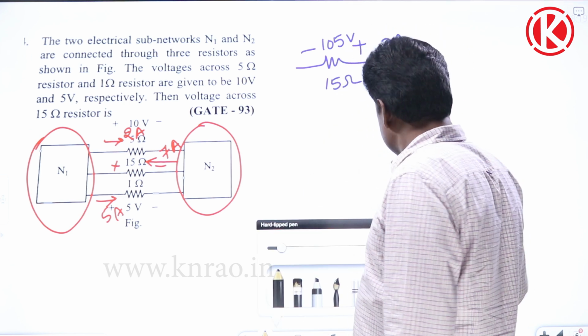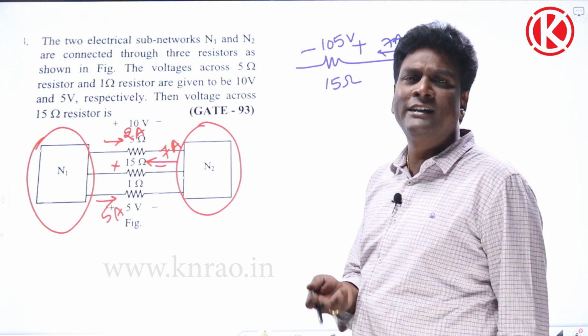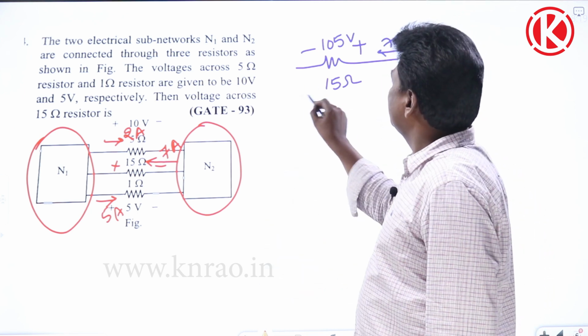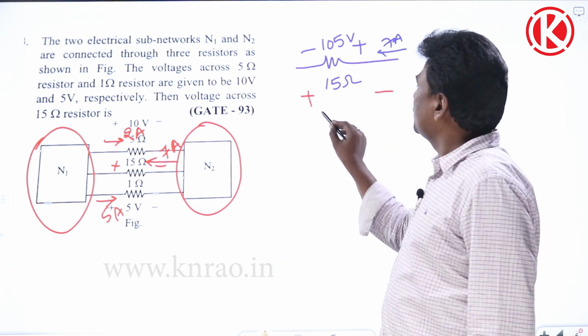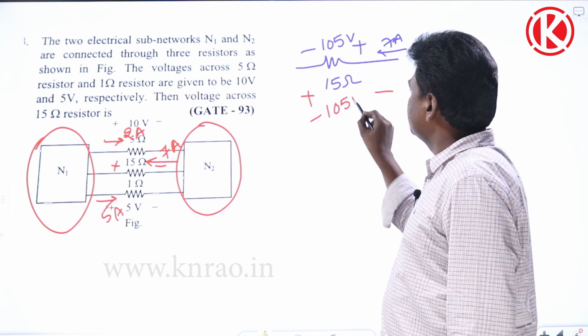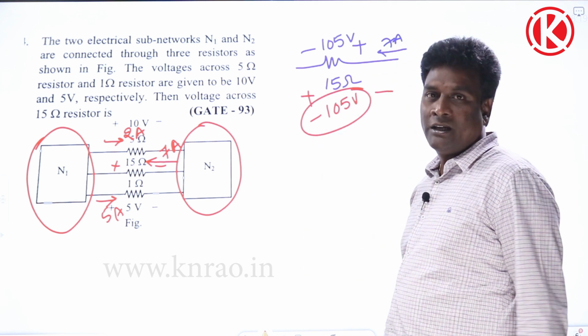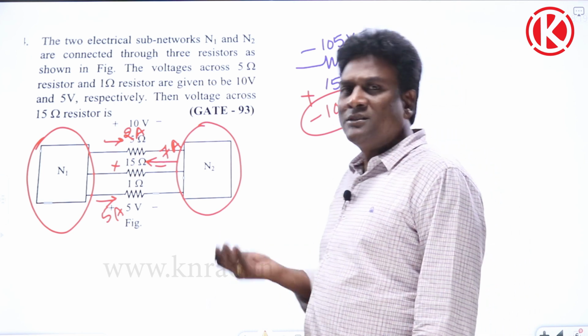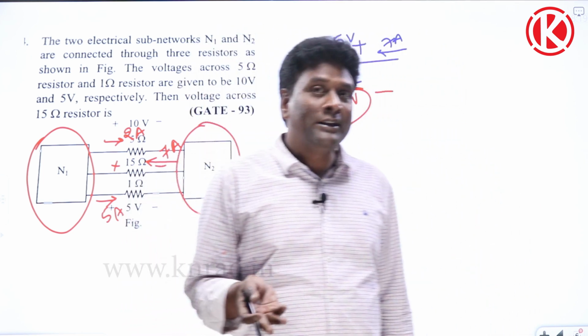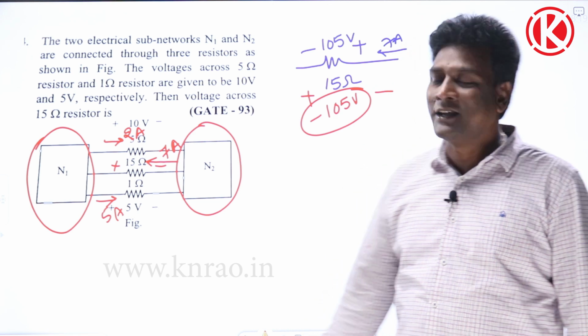But they asked, actually they should have asked in that way, of course. They did not give plus minus polarities, but if we assume plus minus polarities like this, it is going to be minus 105 volts. Okay, but in this particular question, plus 105 or minus 105 both should be right because they did not give plus minus polarities.